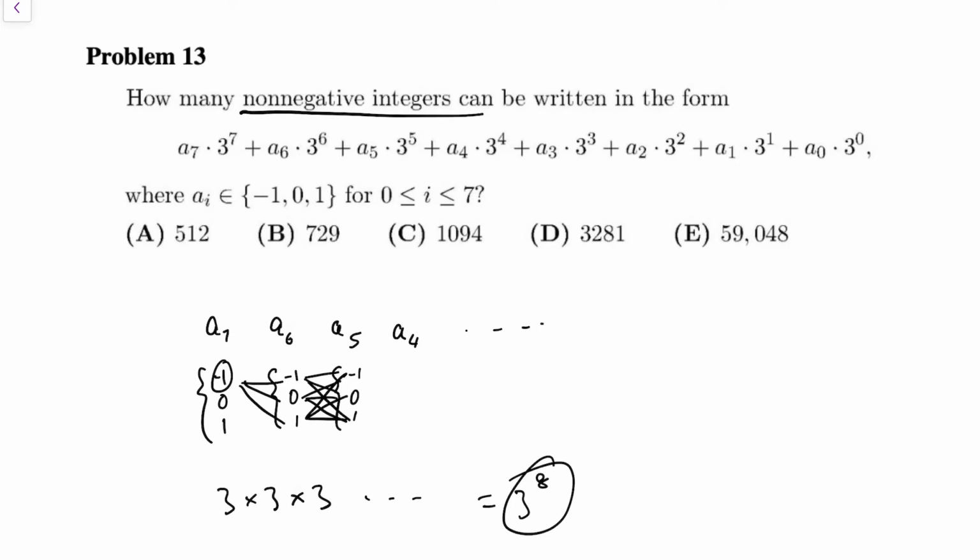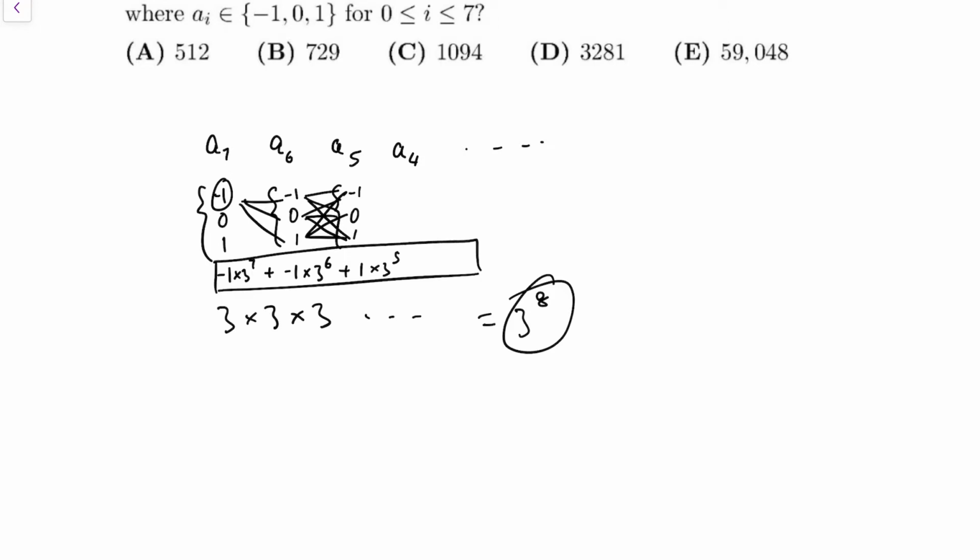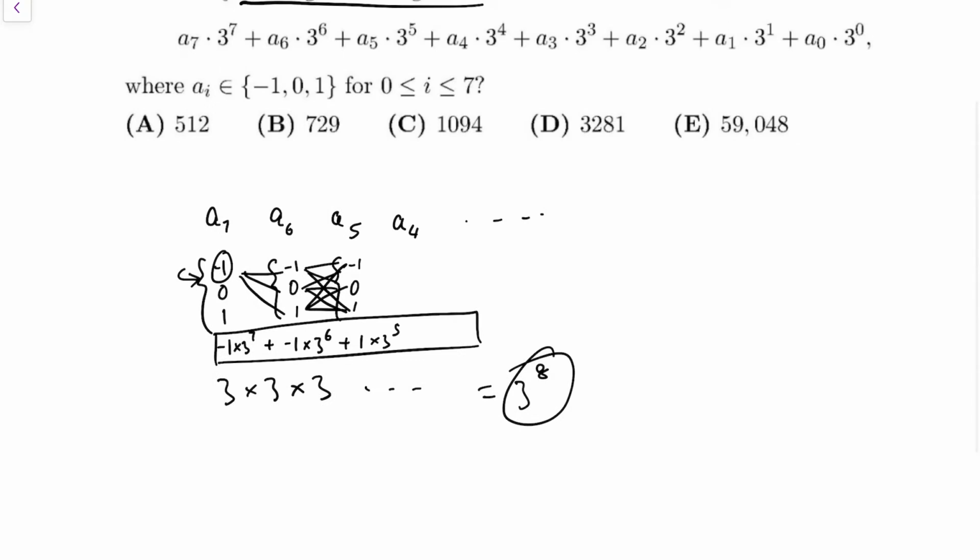So now we have to think about, out of all of these combinations, for example, -1 times 3 to the power of 7 plus -1 times 3 to the power of 6 plus 1 times 3 to the power of 5, this could be one of the possibilities. But out of all of these possibilities, which of them make the whole sum negative?